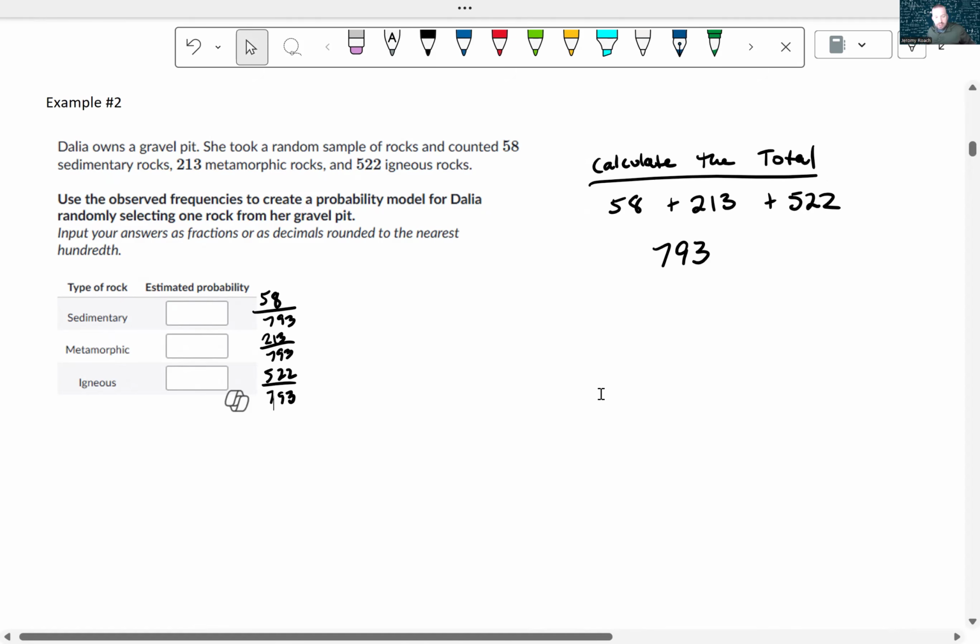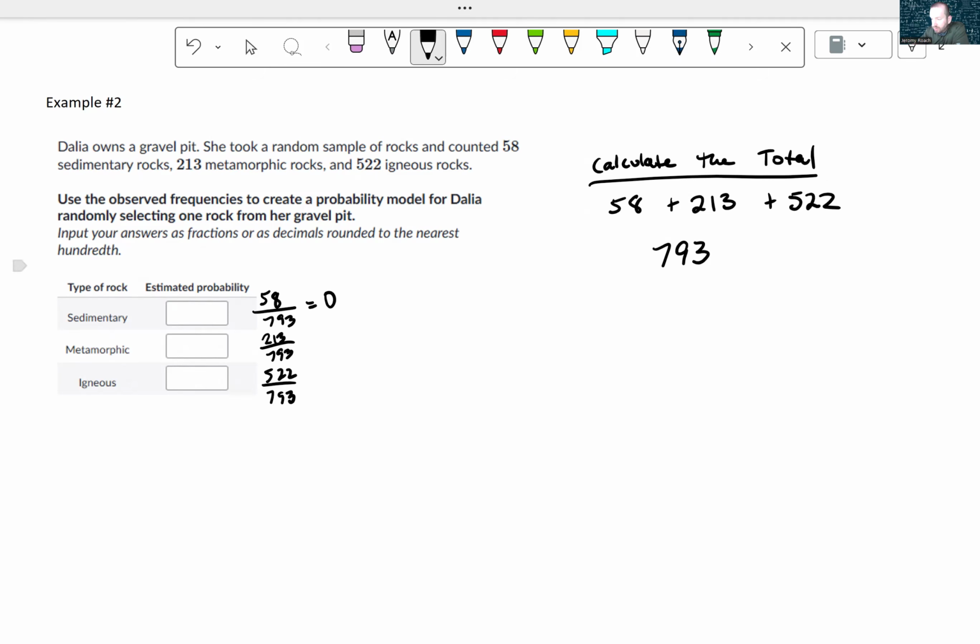But if we wanted to change this to a decimal to the nearest hundredth, let's do that just to demonstrate that we can round these decimals. We want to the nearest hundredths, so I got 0.073, but we would round that down to 0.07 for the first one. 213 divided by 793, I got 0.268, but we'd round that up to 0.27.